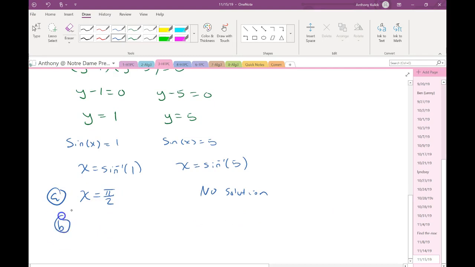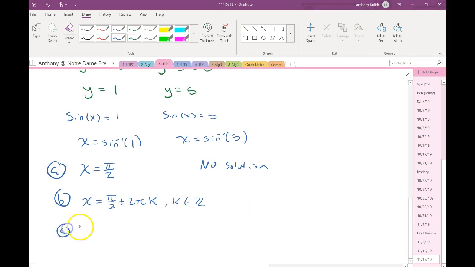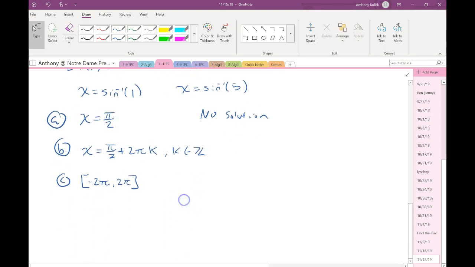For part B, we want the answers over the entire real line. So all I need to do is tack on a plus 2 pi k at the end of that. That's my answer for B. For C, remember we're looking for things between negative 2 pi and positive 2 pi. My answers for part A will be there because that's from 0 to 2 pi.